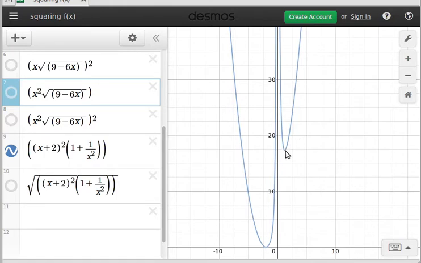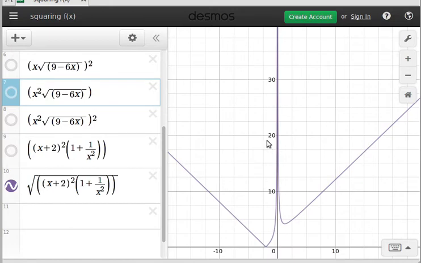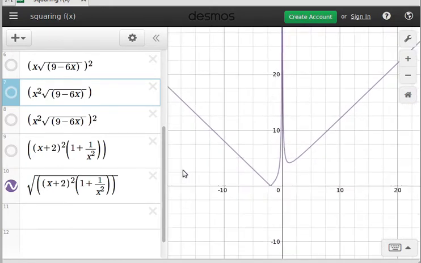Oh, I'm sorry, I did the square root. So the square root would work as well. If I have this function and I square it, I would get this function because the square root part would disappear, and you'd end up with this number here.